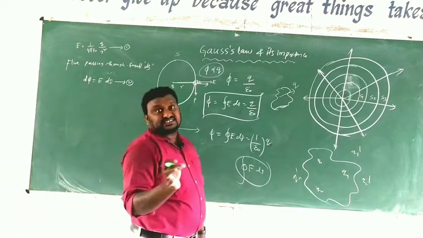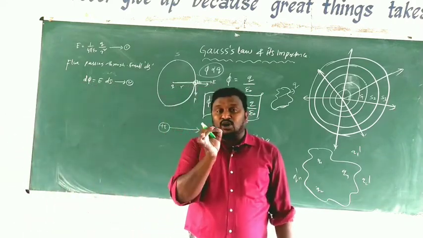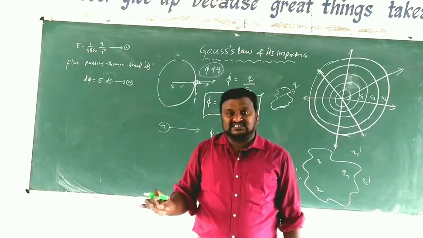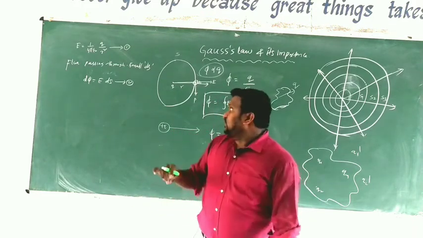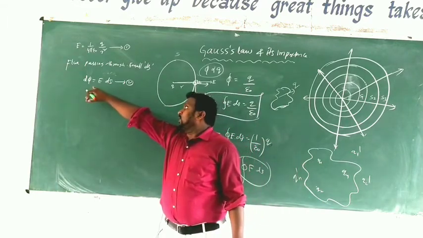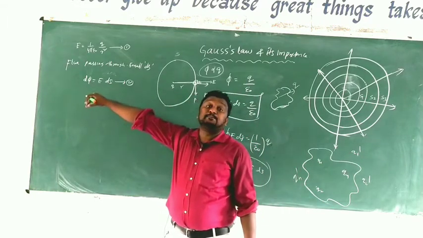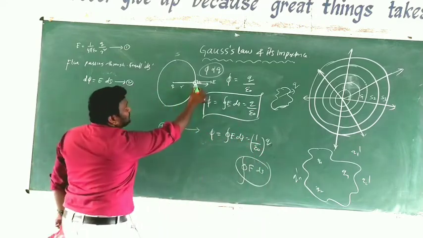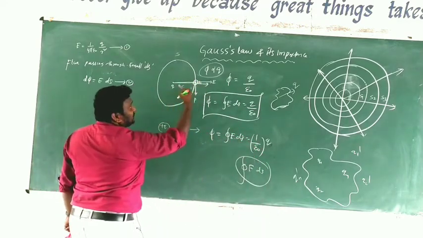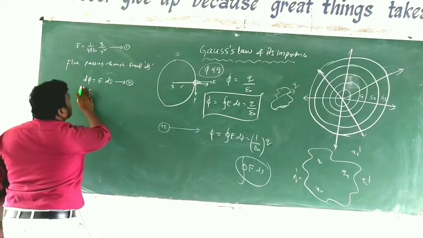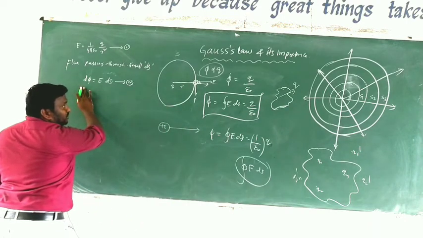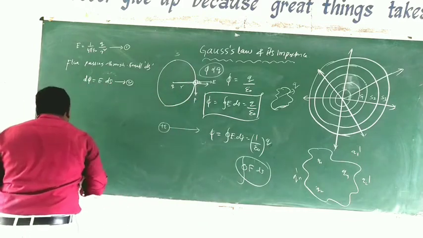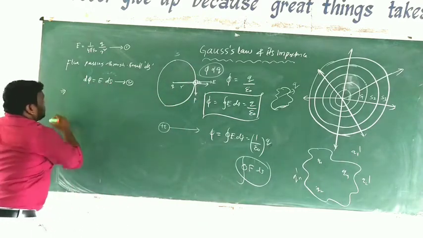Here ds is the small surface element that we are taking. On that ds, how much flux is passing? d phi. So to get the entire surface area, we have to integrate the equation.